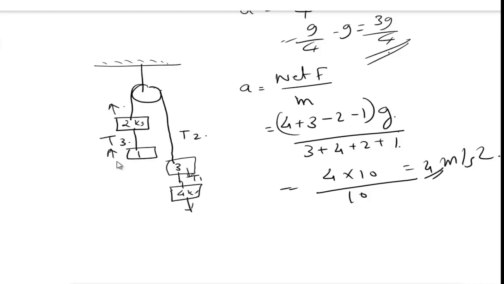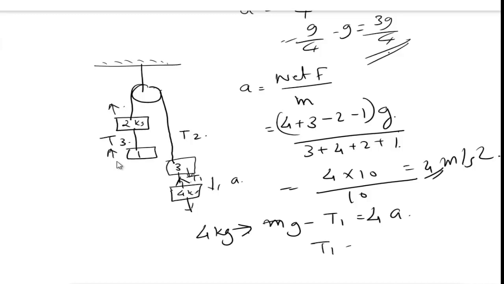Now we are going to find out the tension. First, in which direction will tension be acting? Tension will be acting in the upward direction. Right? Tension is acting in the upward direction. So here acceleration will be acting downward. Therefore, for the 4 kilogram mass, mg minus T1 equals mass into acceleration.